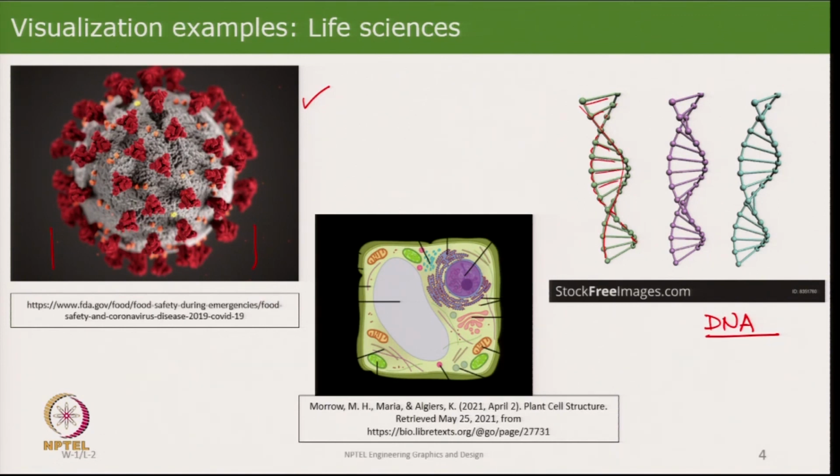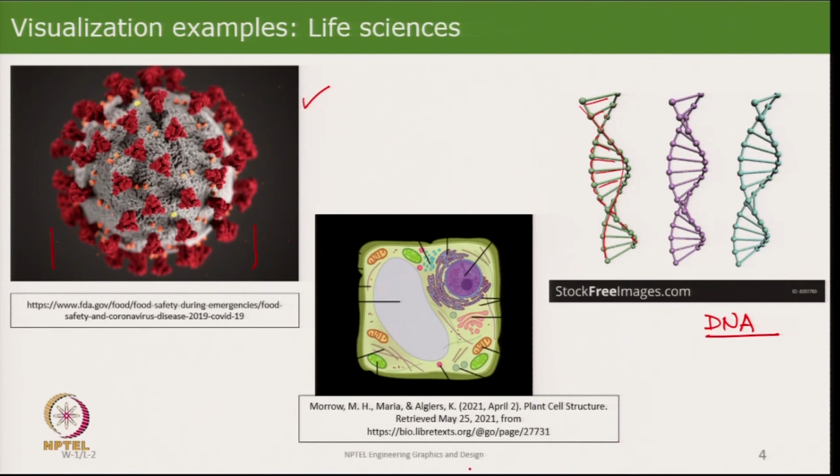And the analysis of this is what you know as DNA analysis, genome sequencing, and that is all represented in graphical form as pictures, which is what we are referring to as visualization.